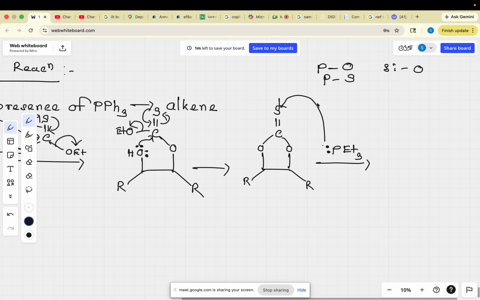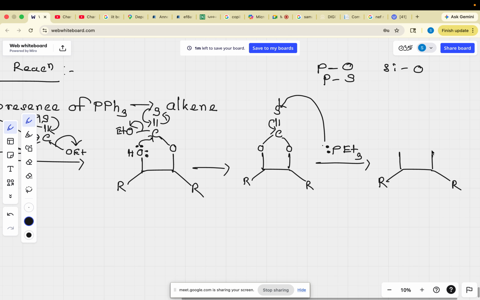Similarly to the strong phosphorus-oxygen bond, the phosphorus-sulfur bond will be strong, not that much, but comparatively stronger than the phosphorus-carbon bond. Sulfur has a vacant d orbital, so it will accommodate these electrons, and once phosphorus attacks the sulfur atom, this bond will break.